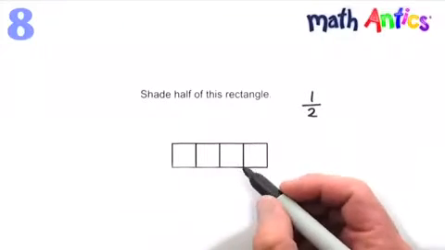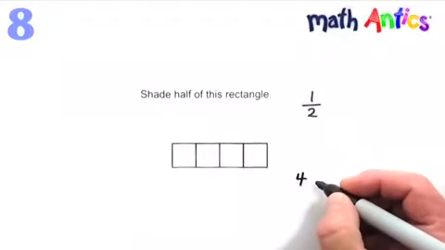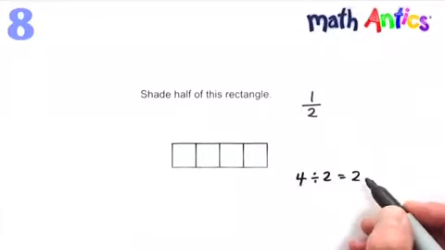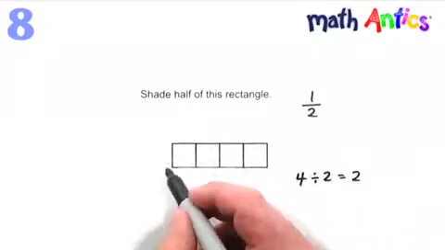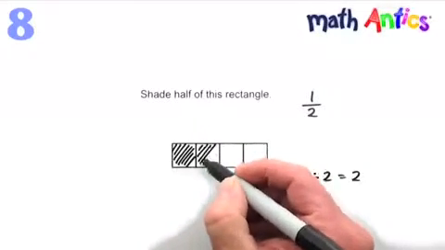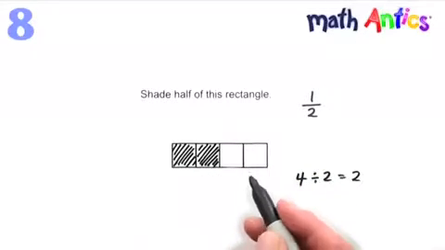So we need to figure that out. If there's 4 parts, half of 4, or 4 divided by 2, would be 2. So that means we need to shade 2 of these parts in order for it to be half of the whole rectangle. So let's shade 2 of these parts. And then as you can see, the result is we've shaded half of this rectangle.